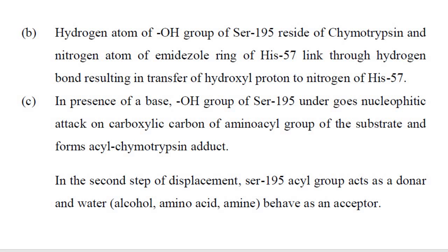Now the most important point here: in the presence of a base, the hydroxyl group of serine 195 undergoes nucleophilic attack on the carboxylic carbon of the aminoacyl group of the substrate and forms an acyl chymotrypsin adduct.